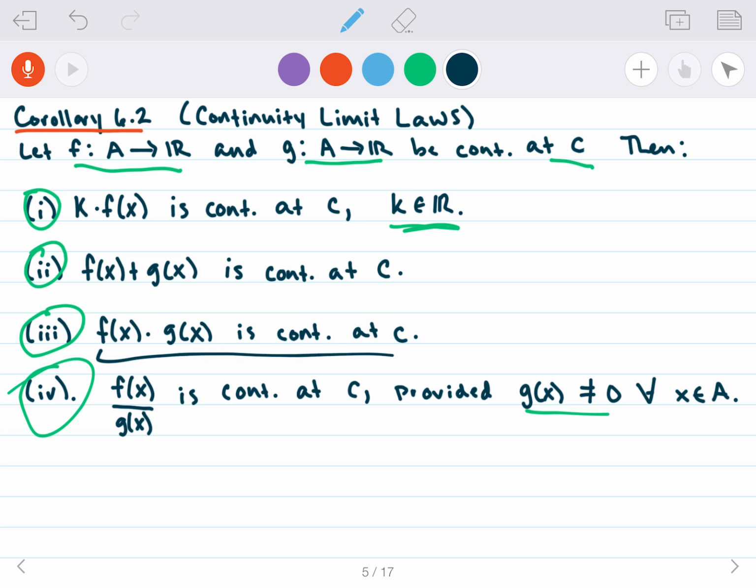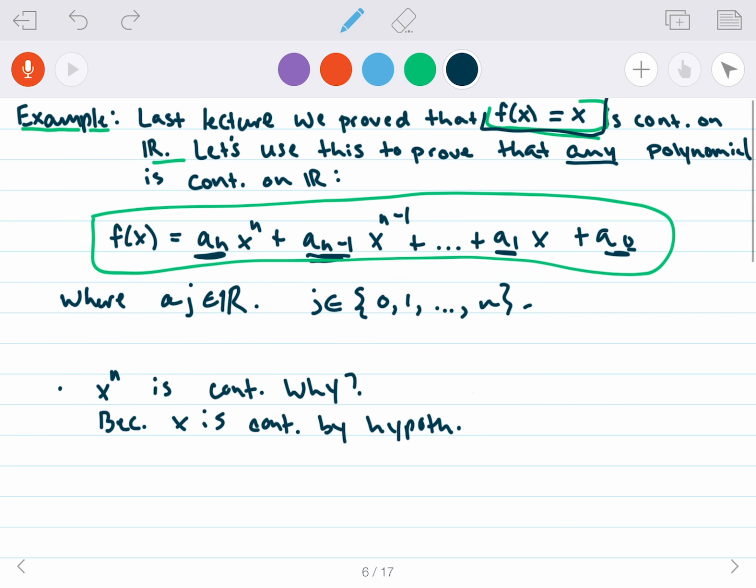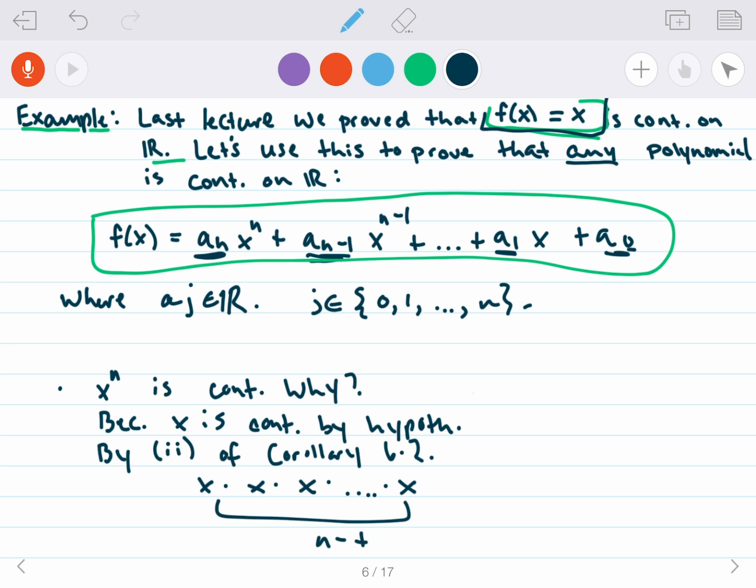By this property, right? If I apply x times x, that's continuous. Apply x again, that's continuous, and so forth. So by part 3 of Corollary 6.2, x times x times x times ... times x, n times, is continuous.